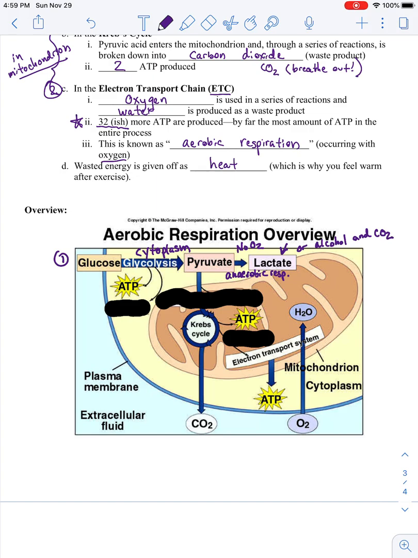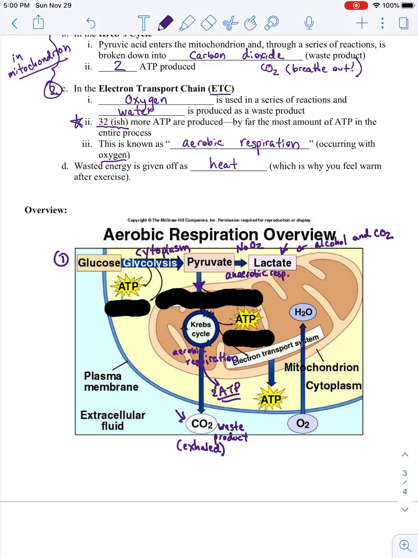Now, if there is enough oxygen present in the cell, pyruvate is going to enter the mitochondrion, and this is going to be aerobic respiration. The Krebs cycle will happen first, and carbon dioxide is our waste product. Remember, that's going to be exhaled. And 2 more ATP are going to be made.